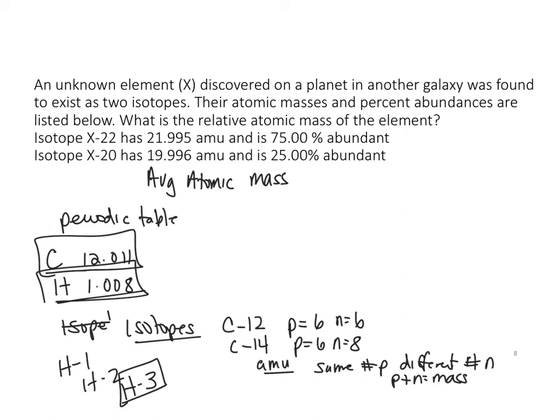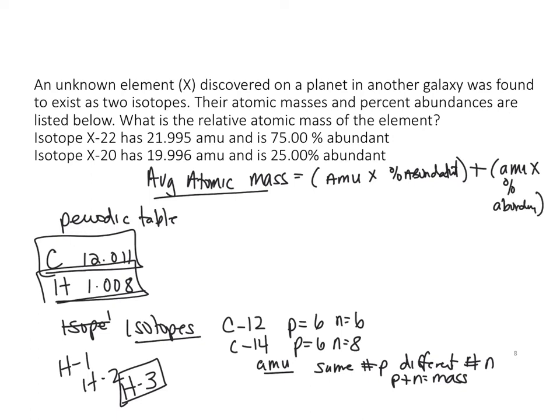So there's a formula to calculate this. Average atomic mass equals the AMU times the percent abundance of one isotope, plus the AMU times the percent abundance of the next isotope, and then you just add them all up.